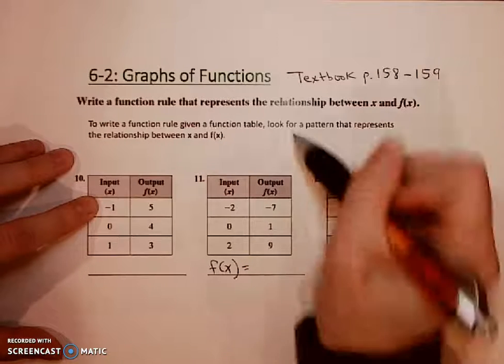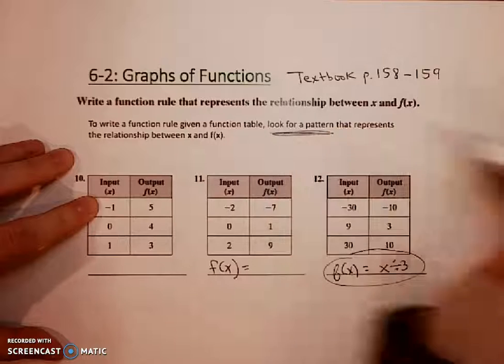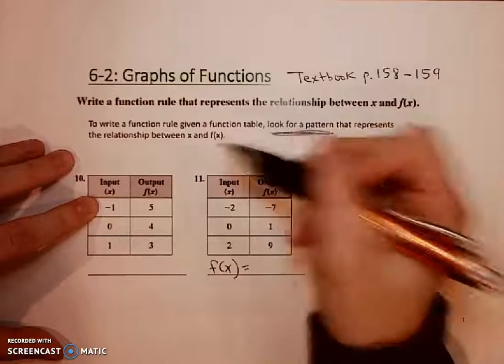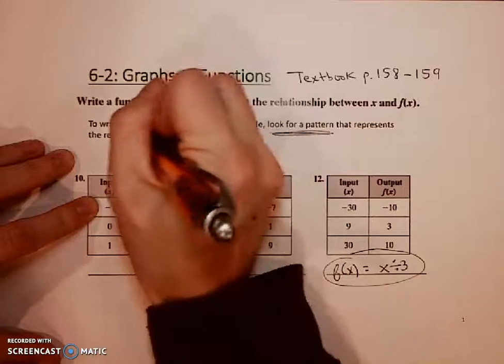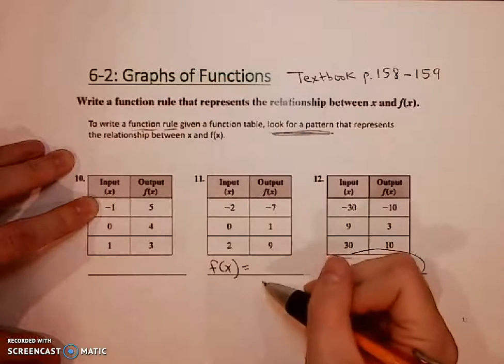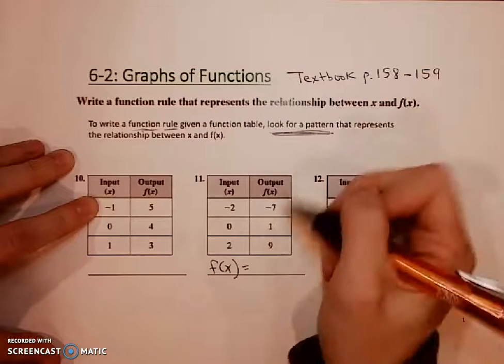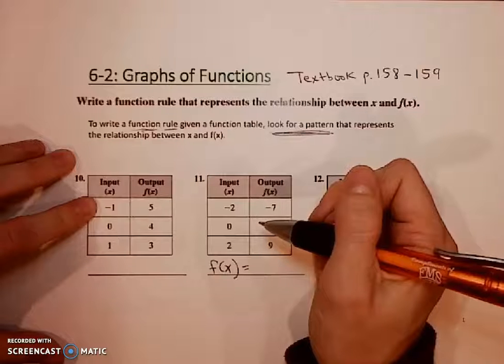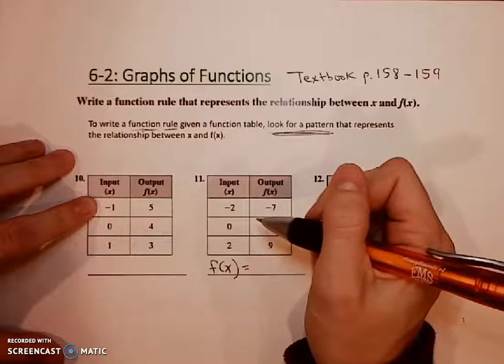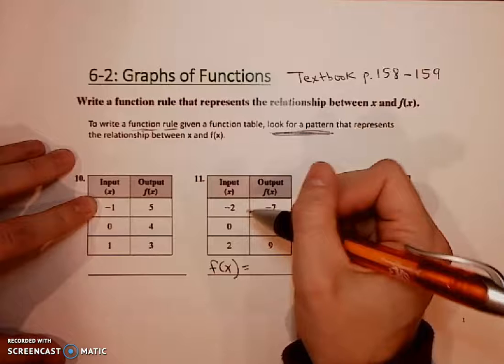Again, I'm looking for a pattern to represent the relationship between x and f of x, so I'm trying to come up with my function rule given this table here. We just said that subtraction doesn't work. What else could I do here? I could add and I can multiply.